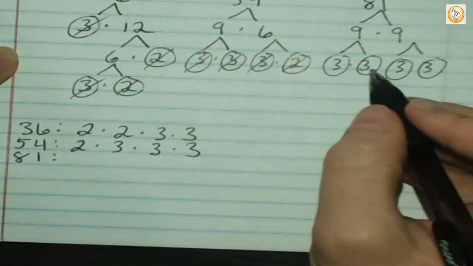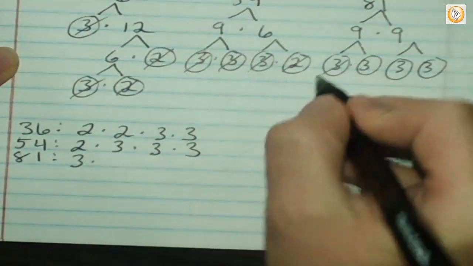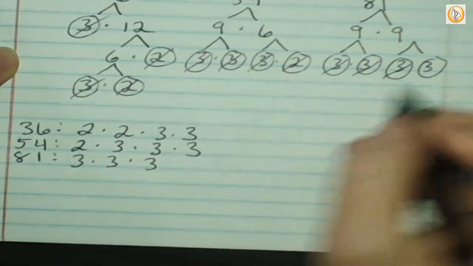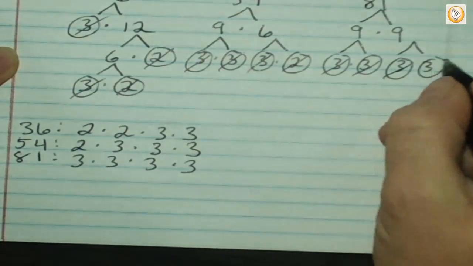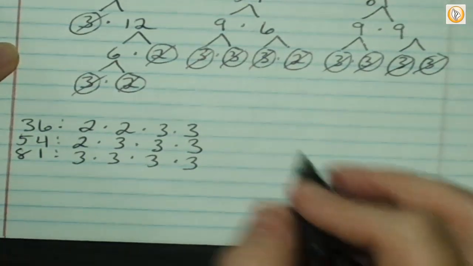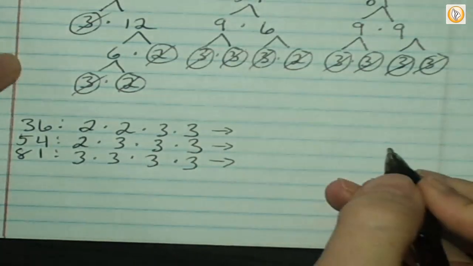And then for 81, I have just a bunch of 3s. I love how the 3s slowly take over with each number. It goes 2, 2, 3, 3, 2, 3, 3, 3. The 3s are taking over. The 3s are zombies.